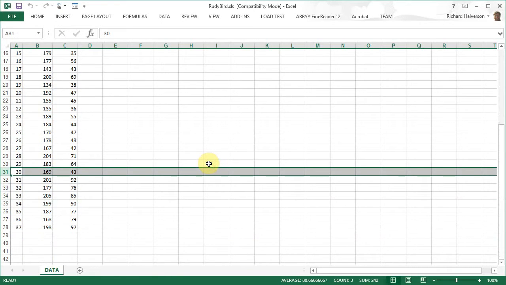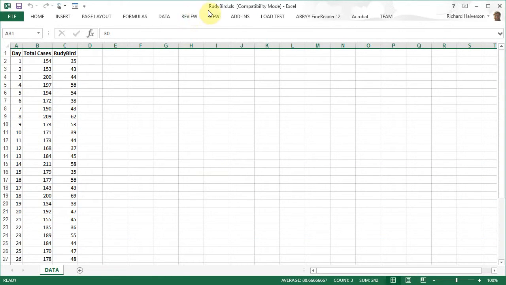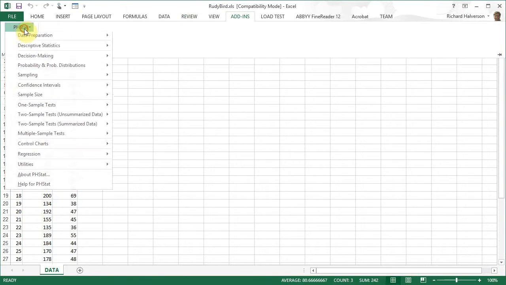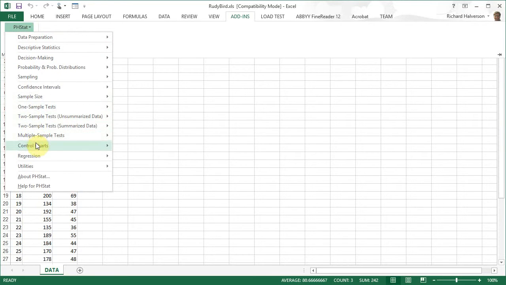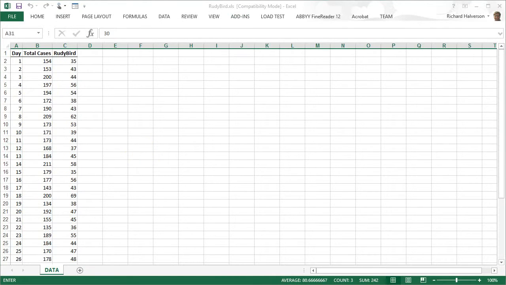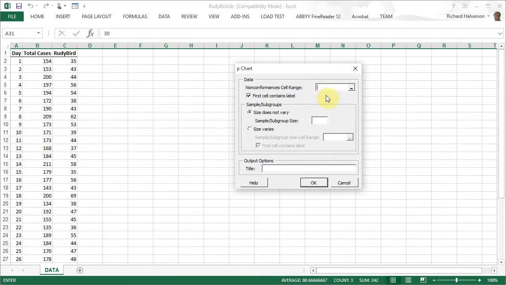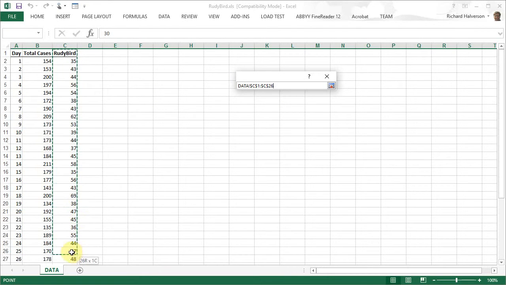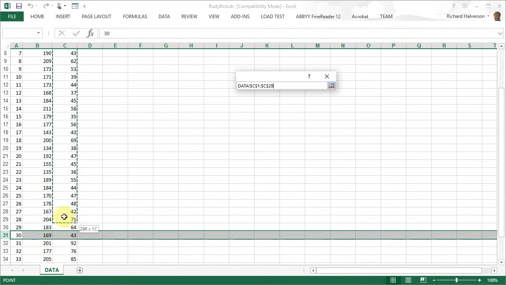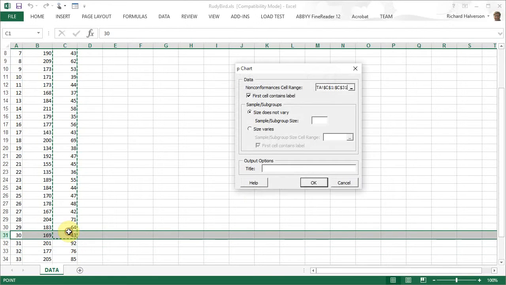So let's do Add-Ins, PHStat, Control Charts, P Chart, and this thing pops up. For the nonconformances cell range, we're going to use the data we're looking at, and we're only going to go up to 30. And then for the sample sizes, that's the total sample here.